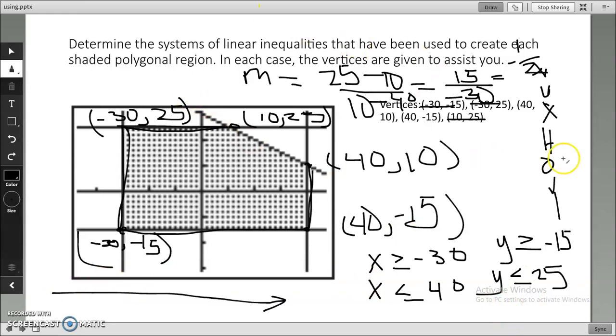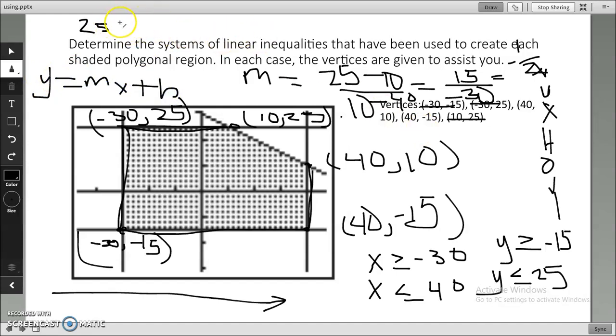And then I need to find my y-intercept. It doesn't matter which one of these points I use to find it. I'm going to use 10, 25, and I'm using y equals mx plus b, by the way.